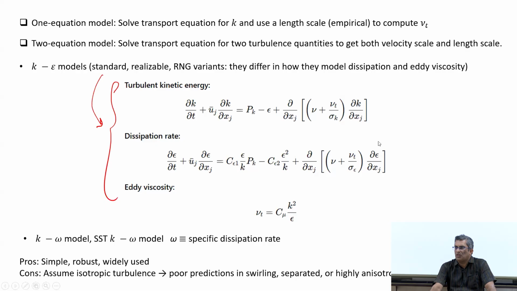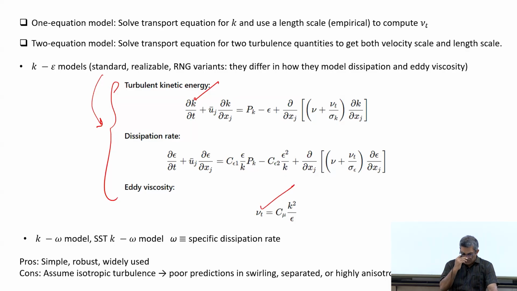Here we solve the turbulent kinetic energy transport equation, which is this one, we had already discussed this, and we have another equation for the dissipation rate also. Why is the dissipation rate required? Because we use that to calculate the eddy viscosity. So now we will have the turbulent kinetic energy and the eddy viscosity.